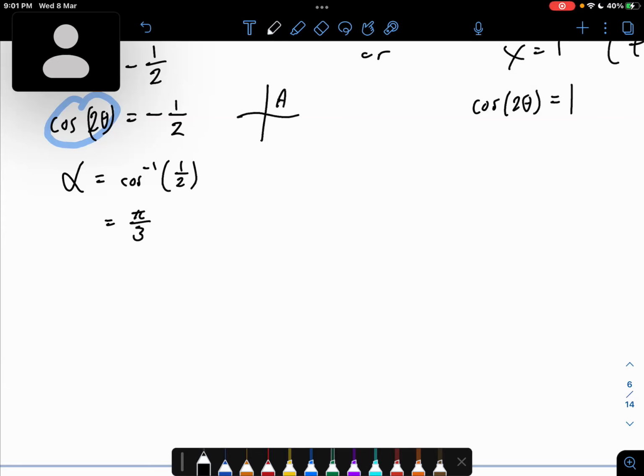A, S, T, C. Negative. Which one? Which quadrant? 1, 2, 3, 4.